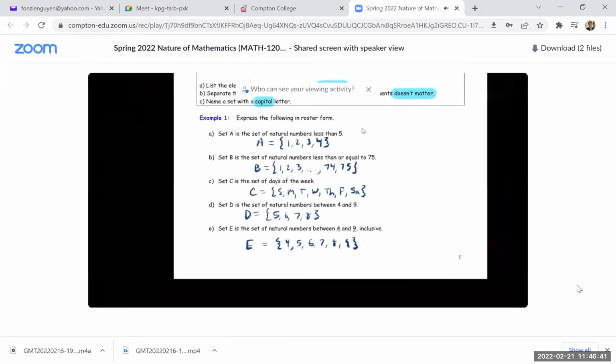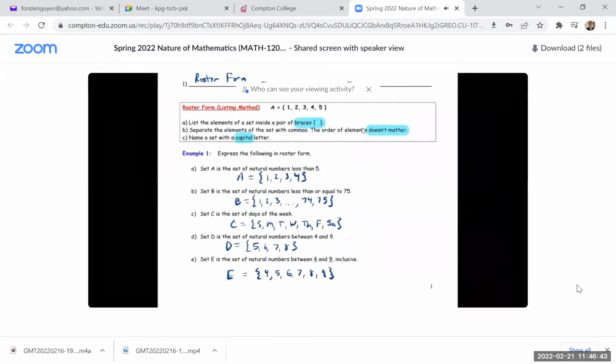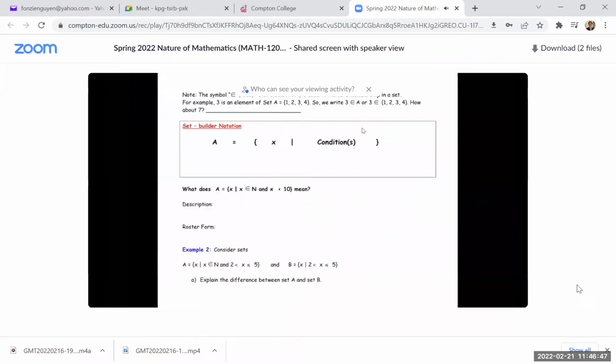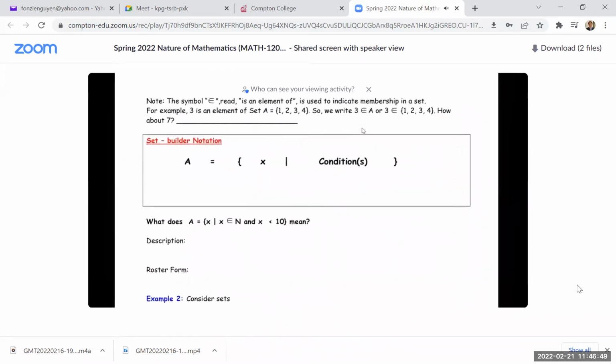So that's how you do sets using the roster form. Now let's look at the other two forms. The next is called set builder. This one's a little bit harder to read, but set builder looks like this. It's the set of all x such that, and then here you write what the condition is.